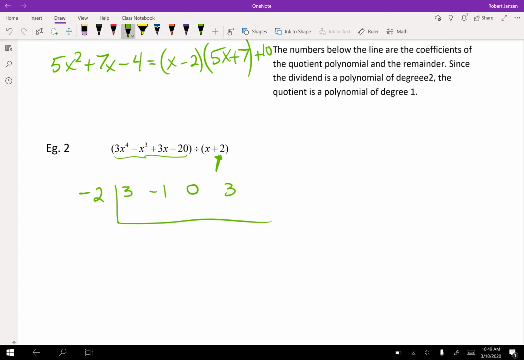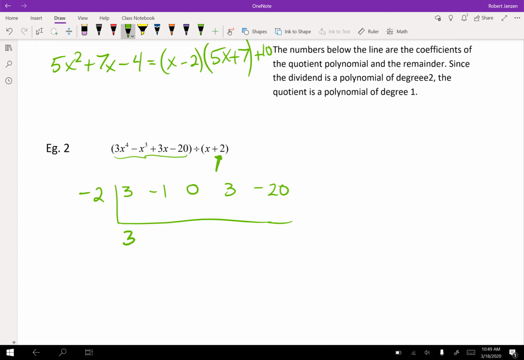Where's the 0 coming from? That's our 0 placeholder. If you make a mistake doing synthetic division, that's usually the mistake. Now we've set it up. First step, bring the 3 down, and now it's just multiply, add, and repeat.